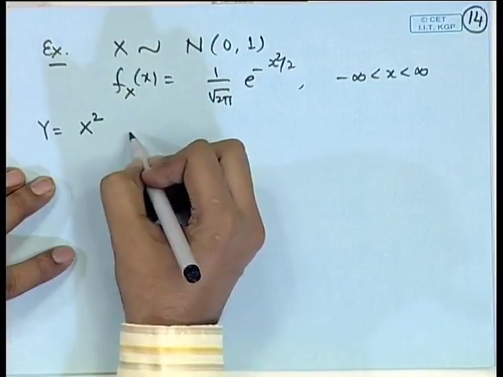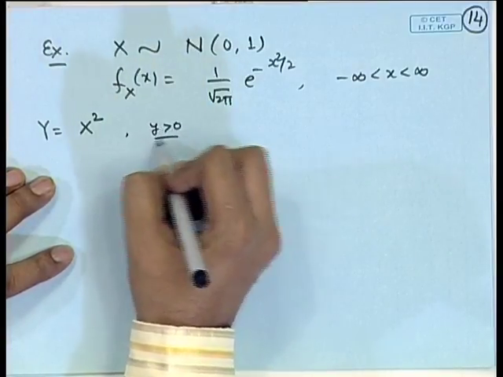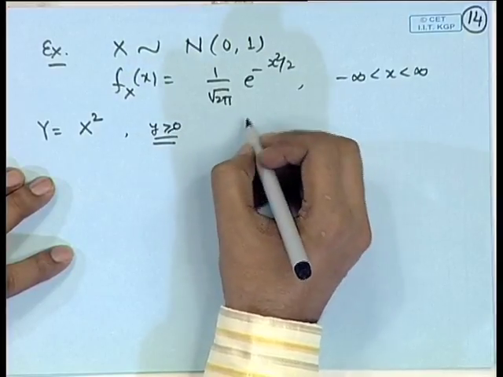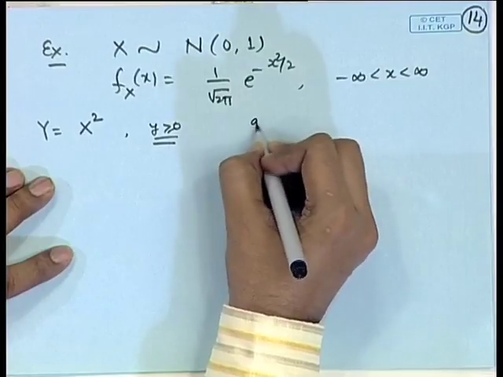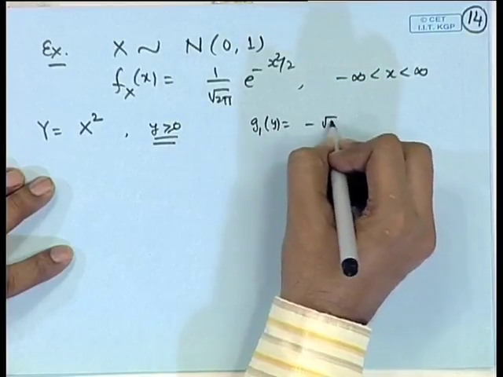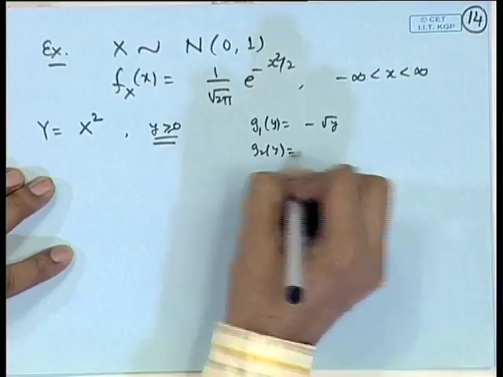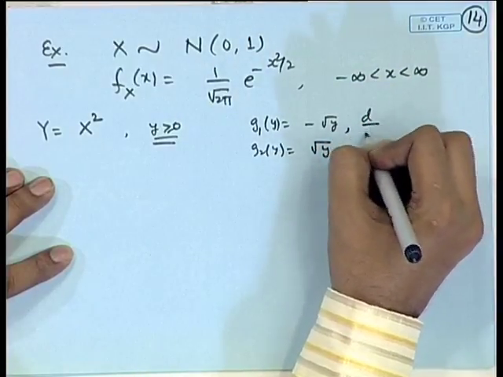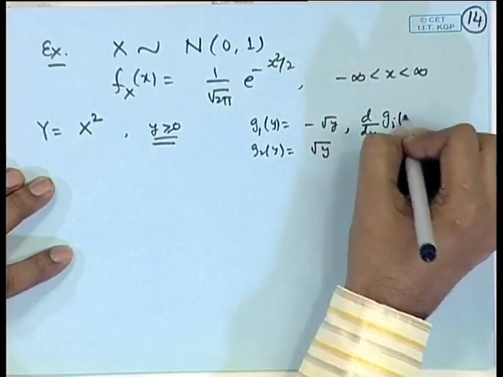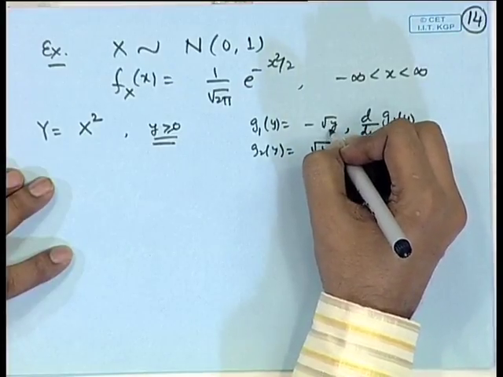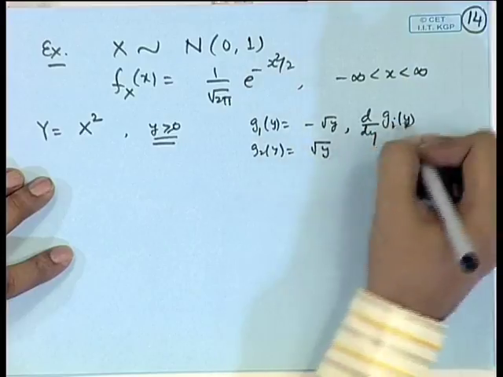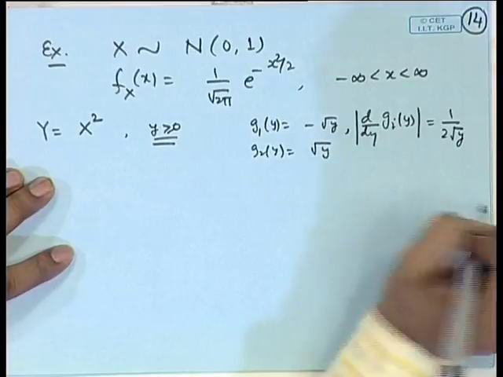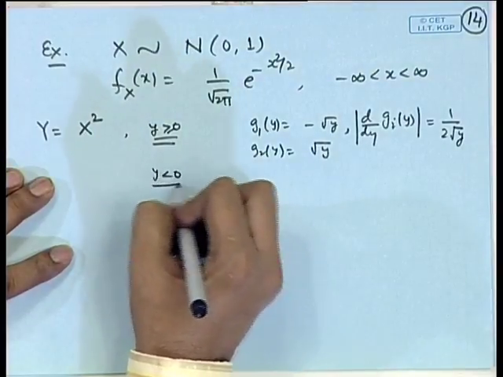So, now for a given y which is non-negative, we have two inverse images, that is g 1 of y is equal to minus root y and plus root y. So, if I look at the derivatives, that will be minus 1 by 2 root y or plus 1 by 2 root y. So, if I take absolute value, it is reducing to 1 by 2 root y. For y less than 0, there is no inverse image.